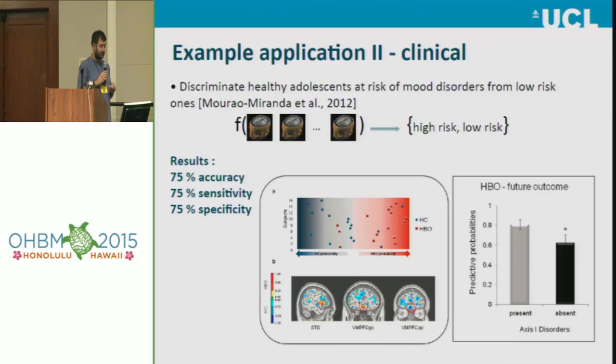I can't remember the exact disorder, but they were somehow associated with a clinical disorder that arose a few years after these scans were actually taken. So this was very interesting because it showed that it was useful for prognosis in the future, as well as differentiating between different groups at baseline.